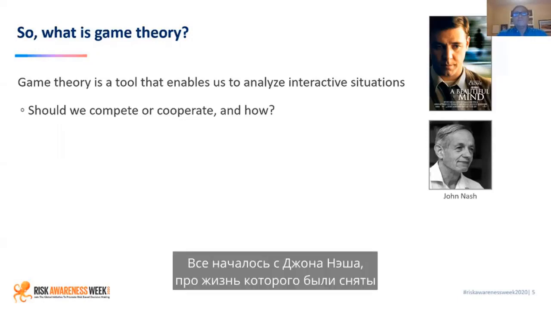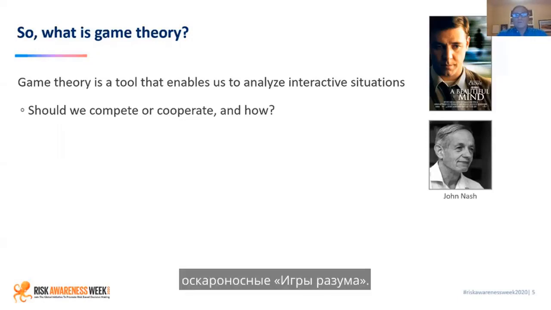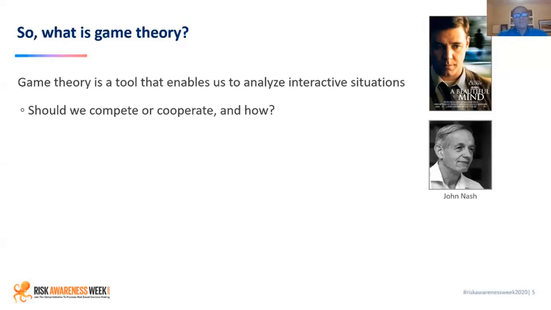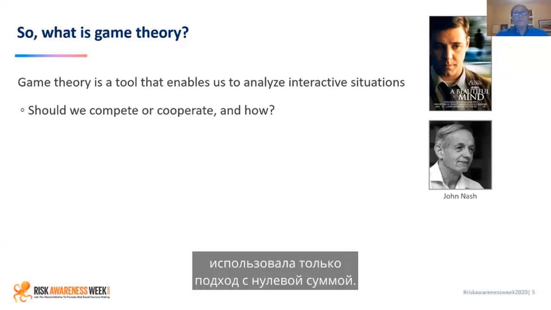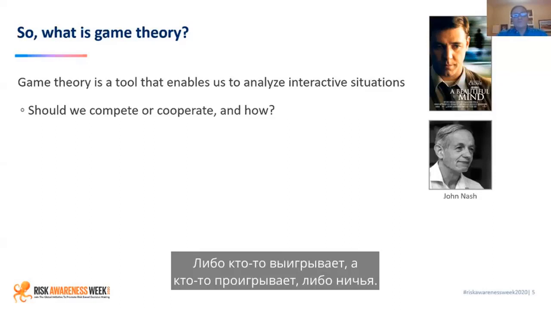That's really due to John Nash, who was the subject of the Oscar-winning movie A Beautiful Mind. What John Nash did was he saw that game theory at that time took only a zero-sum approach. Someone wins and someone loses, or there's a tie.